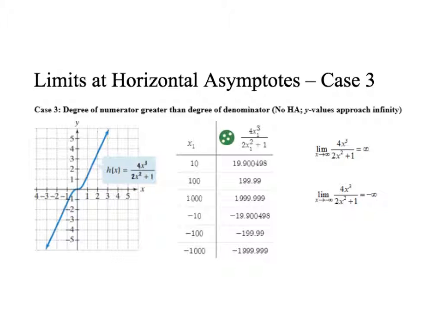So if we were to do a table, we would see as the x values get very large in the positive direction, the y values get very large in the positive direction. So we would say the limit as x approaches positive infinity is positive infinity. And then if we check out the negative values getting larger, then the y values are getting larger in the negative direction. Therefore, that limit is negative infinity.